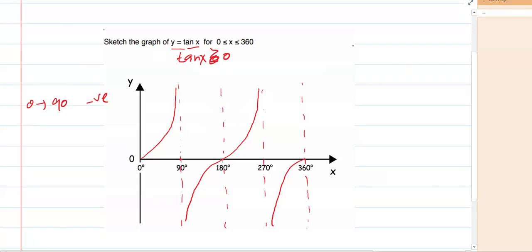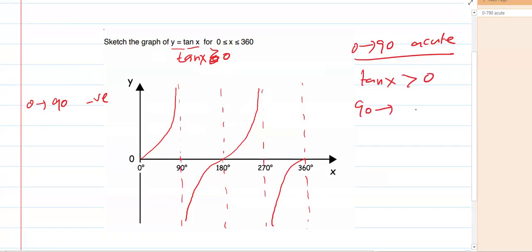So if we have the angle from 0 to 90, we call it an acute angle. For an acute angle, tangent x will be greater than 0. From 90 to 180, we call the angle an obtuse angle, so tangent x will be negative, less than 0.